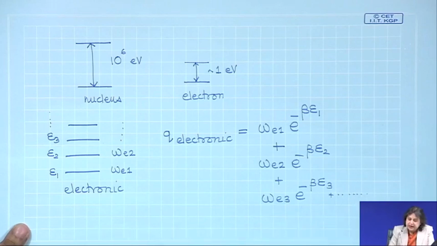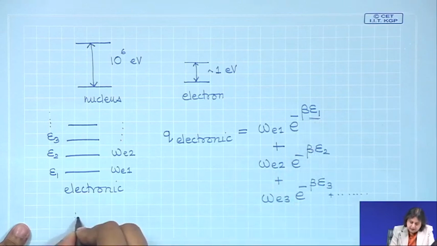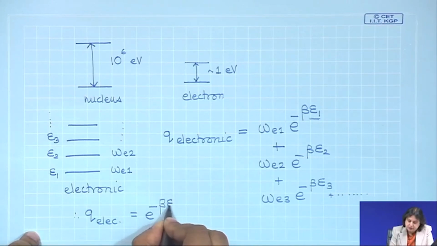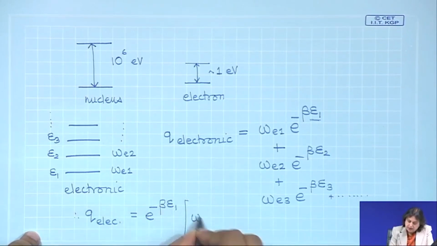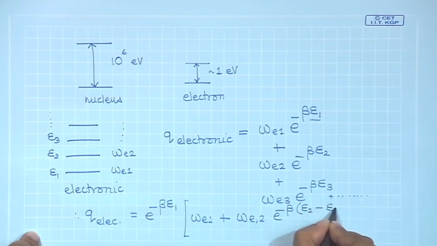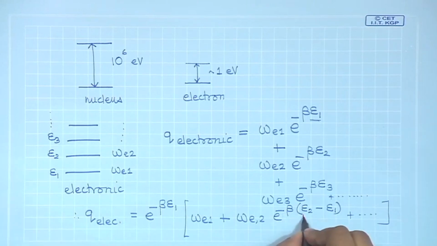Now, what I do is I take this epsilon 1 out. Then my q electronic will be written as e to the power of minus beta epsilon 1, then omega E1 plus omega E2 into e to the power of minus beta times epsilon 2 minus epsilon 1, plus the other terms. Now, let me indicate this energy difference by delta epsilon 1 2.